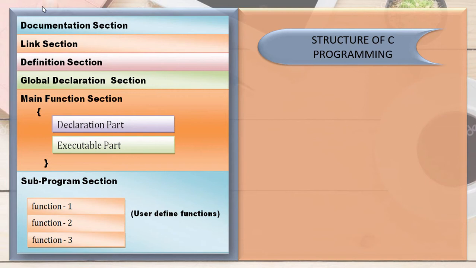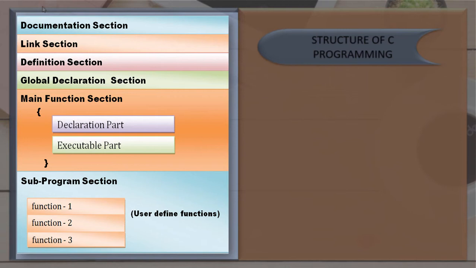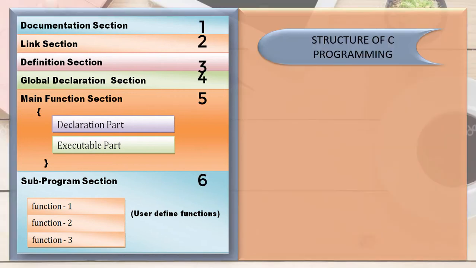This is the image of the sections which will tell you the basic structure of C programs. It will contain 6 different parts: documentation section, link section, definition section, global declaration section, main function section and subprogram section. Let us see one by one.